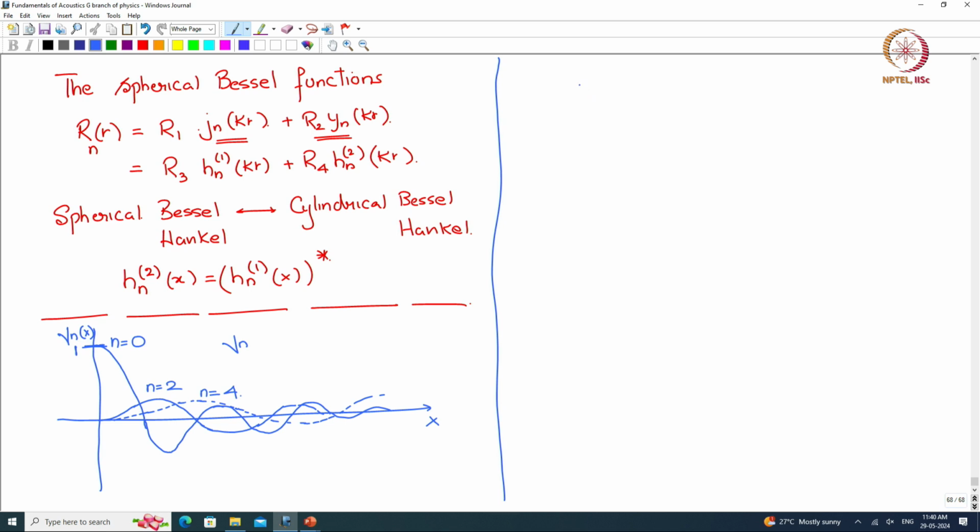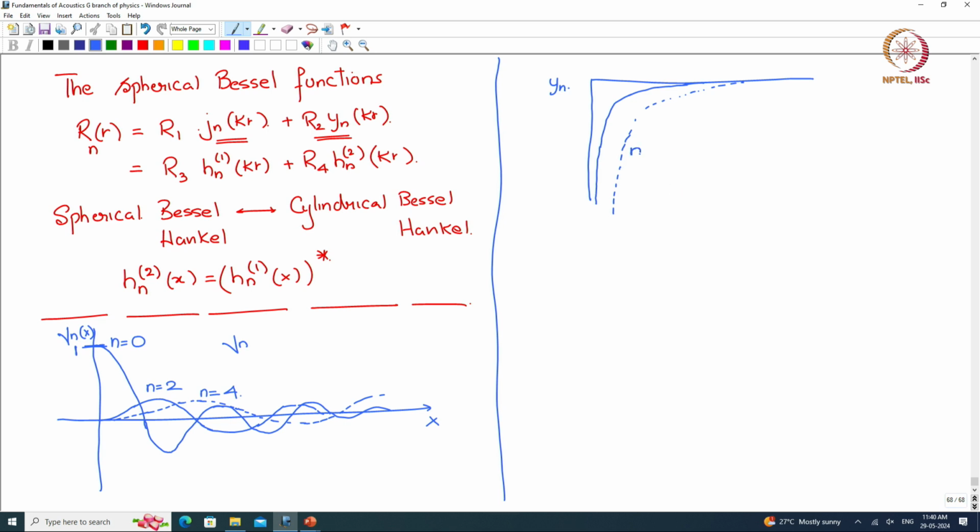In contrast, if we look at the Yn's, these are now Yn's, and they will start off at minus infinity, again not to any scale, they come down, go off. n equal to 2 comes from minus infinity and starts to approach the y axis.